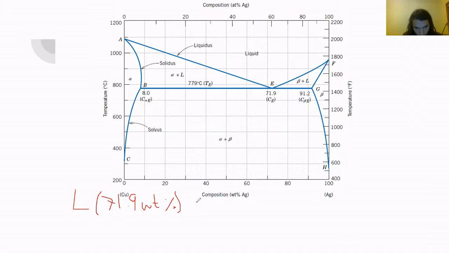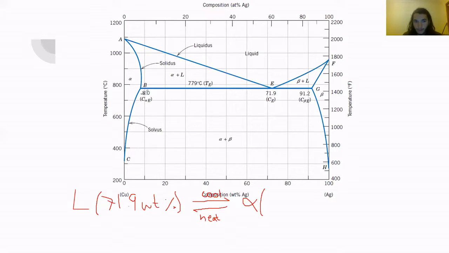And when you cool the system, you will see the opposite. When you heat it, it will go liquid. When you cool it, it will go solid. When it's solid, you will have two phases, the alpha and beta.